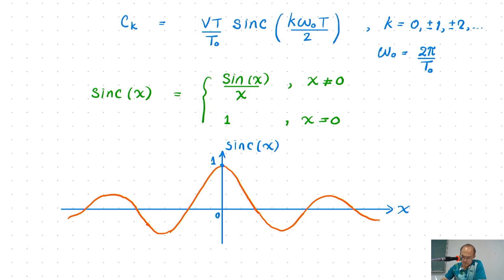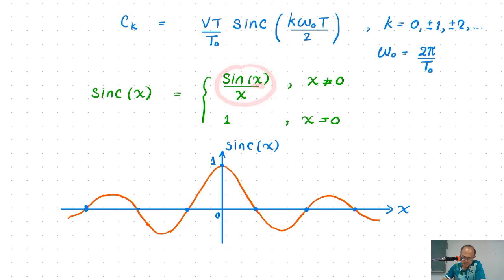As for the zero crossings, they are the points where sinc is 0. We can determine those zero crossings by looking at the value of sine here. We know that whenever x is a multiple of pi, the value of sine will be 0.